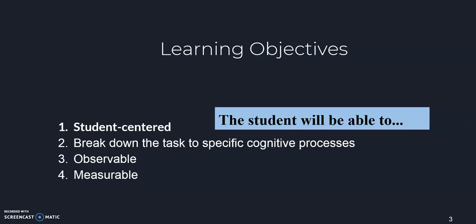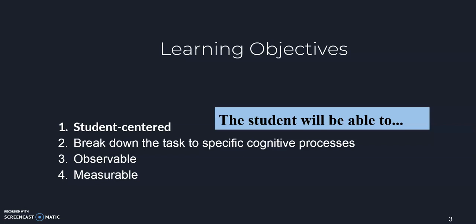This means that rather than write it from the perspective of the instructor, what the instructor will do or what the instructor intends, we're going to write them with the perspective of the student being the agent, putting the student in subject position. The student will be able to.